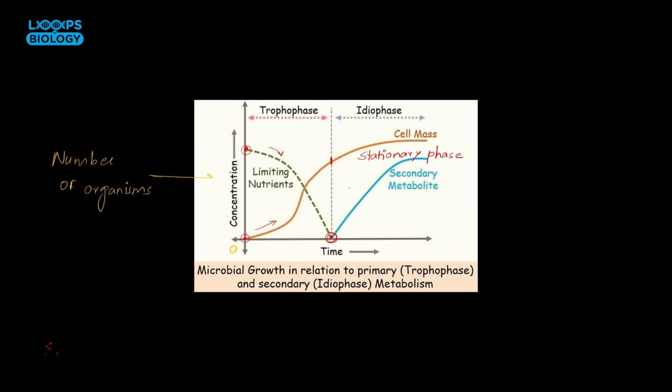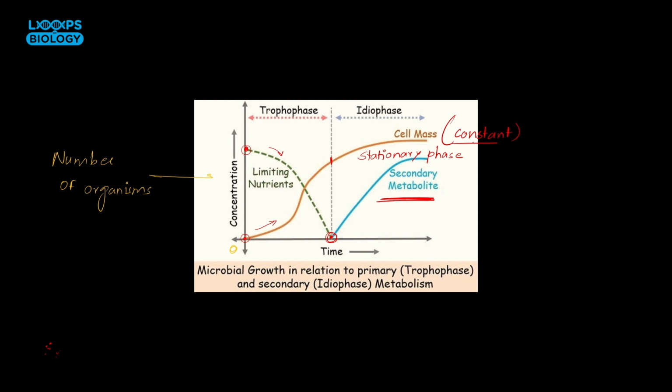And in this stationary phase, you are going to see an increase in the secondary metabolites. So basically, when the nutrients are completely used by the species, they undergo a stationary phase where the cell mass remains constant.